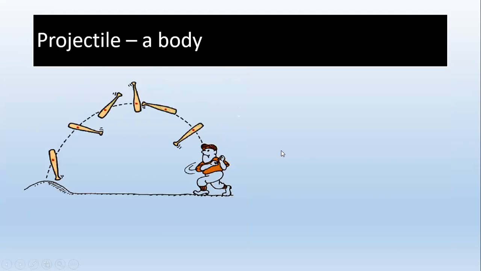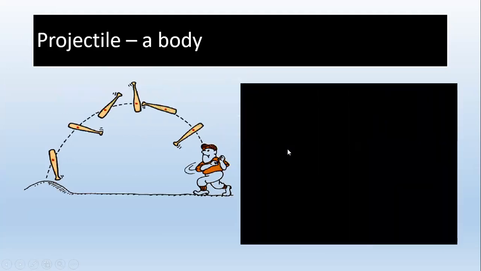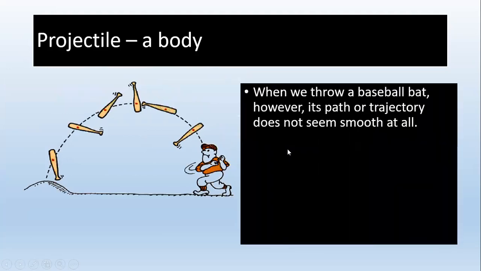But when we have a body, when we throw a baseball bat, however, its path or trajectory does not seem smooth at all. When we look at the handle, you can see that it doesn't have a smooth path at all.